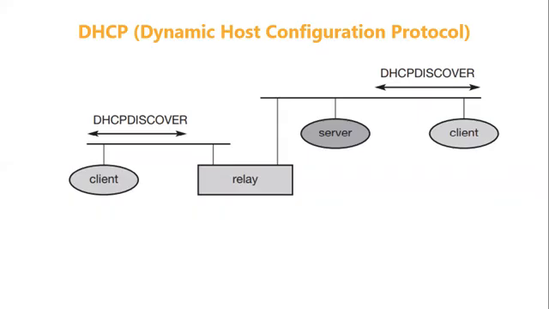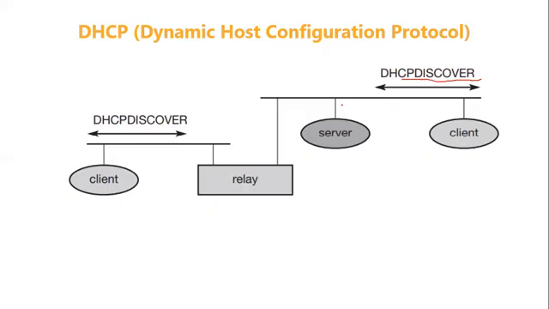The client is called a DHCP client because it is sending a DHCP request, and this request is nothing but a DHCP discover message, to which the server responds.